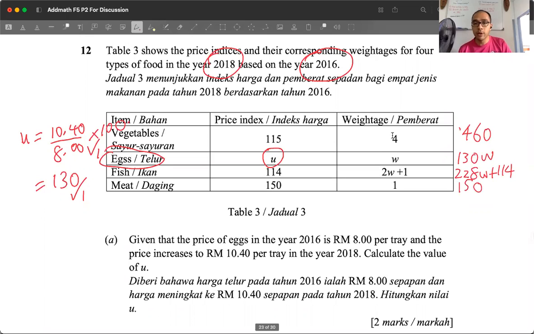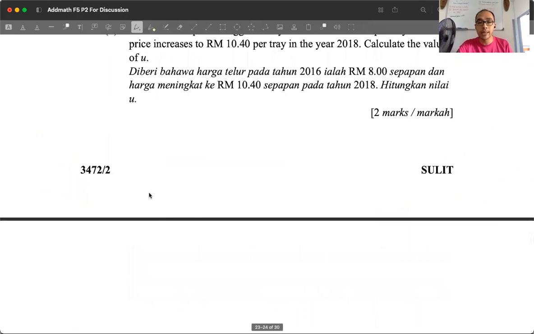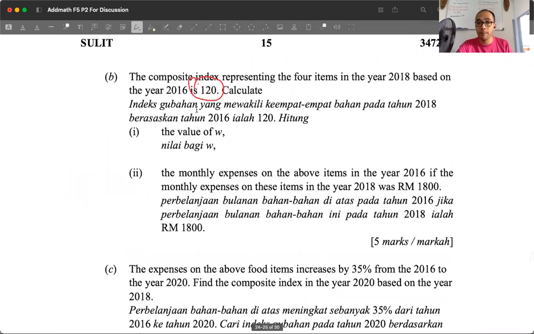The total weightage 4 plus W plus 2W plus 1 plus 1 will give you 6 plus 3W. This total will give you 724 plus 358W. Okay, this total you will get like this. And we know that the composite index is 120.